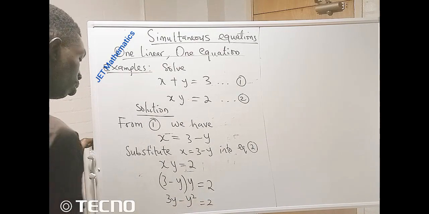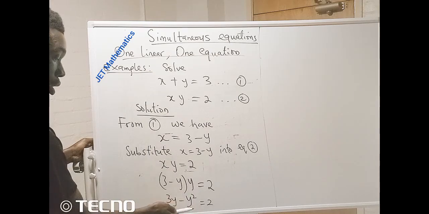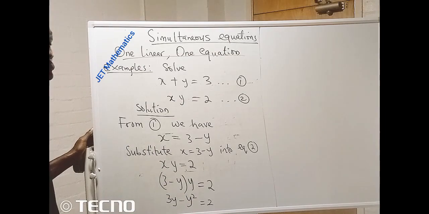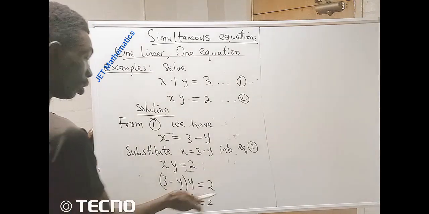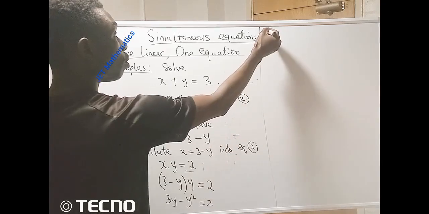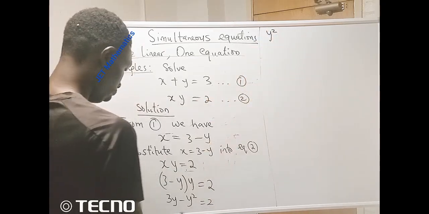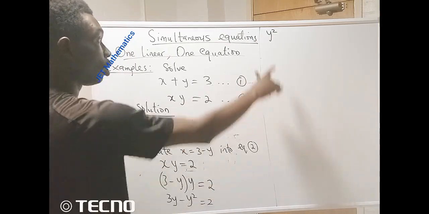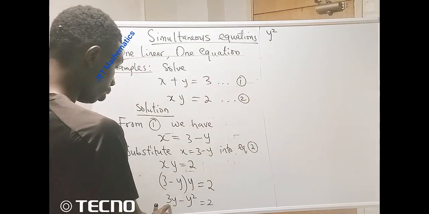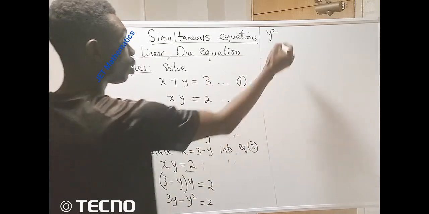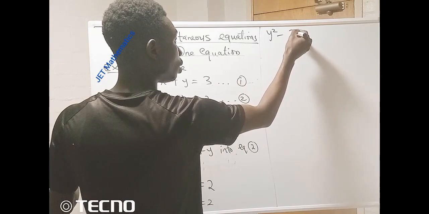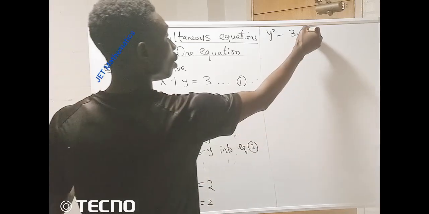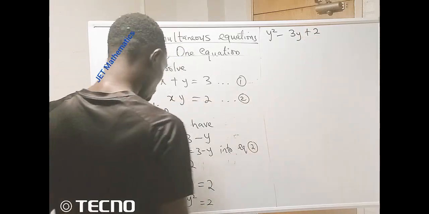equals to 2. We can take all of these terms this way so that our y squared becomes a positive term. So y squared, 3y crossing this becomes minus 3y, and what is left here is plus 2.